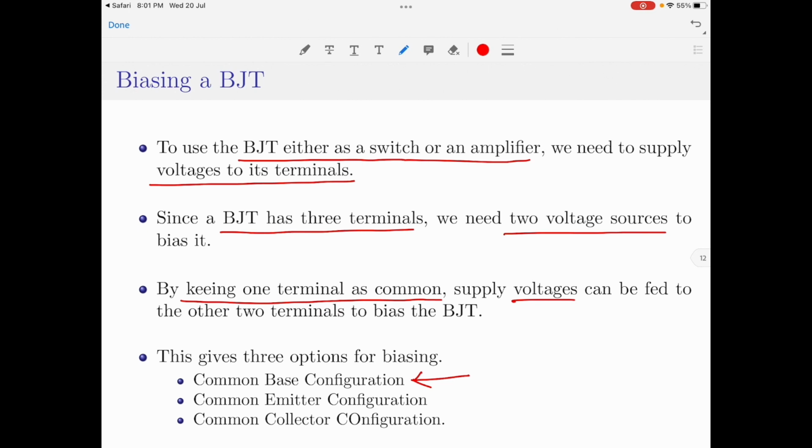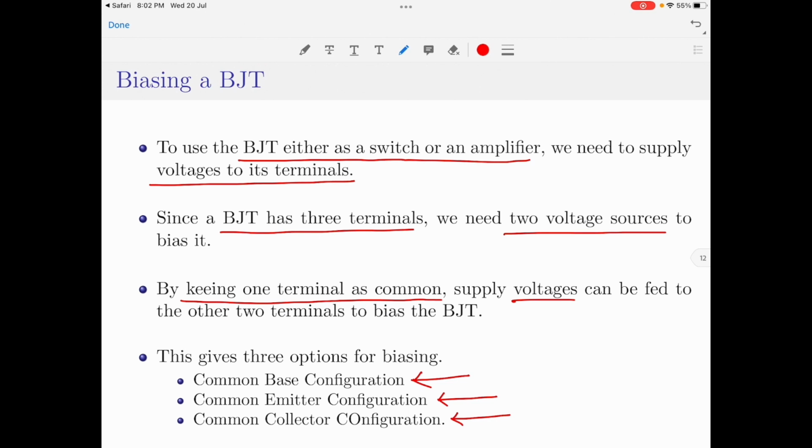In a very similar fashion, if I take the emitter terminal as common and I apply voltage to the other two terminals, which are base and collector, the resulting configuration is called common emitter configuration. And lastly, if the collector terminal is considered common and voltages are applied to the other two terminals, which are emitter and base, the resulting configuration is called a common collector configuration.